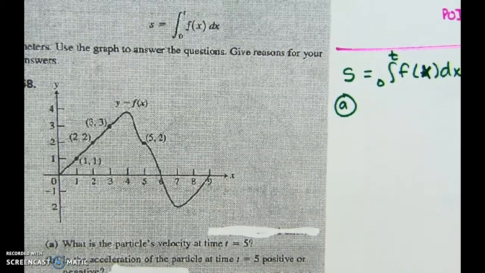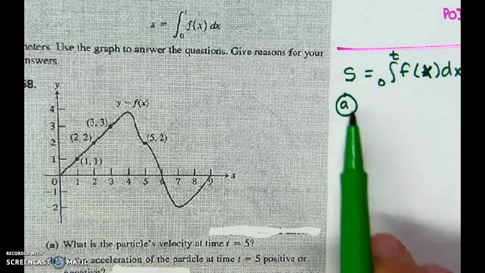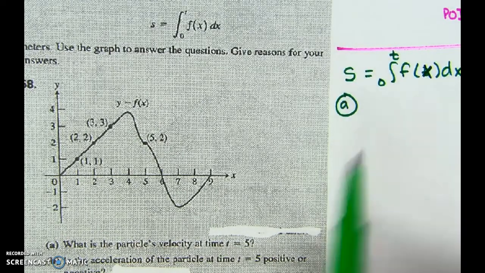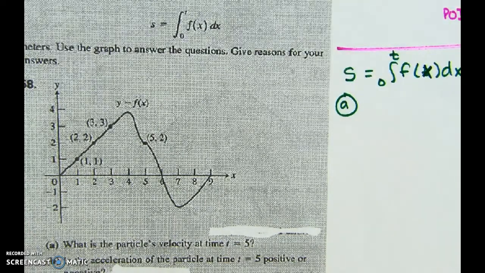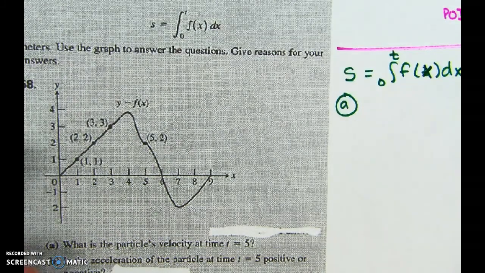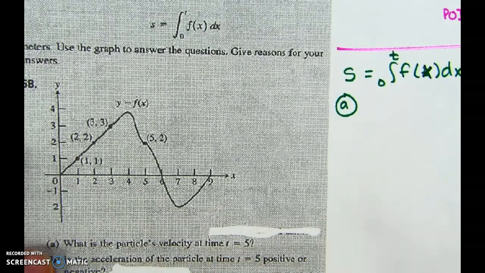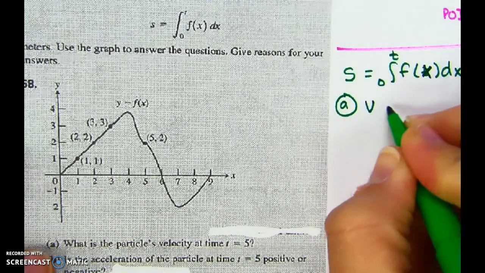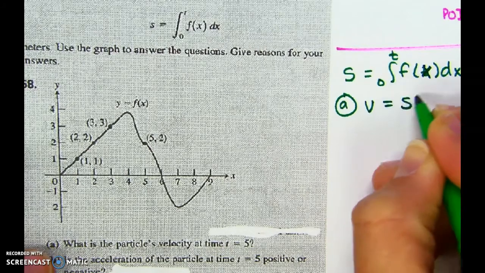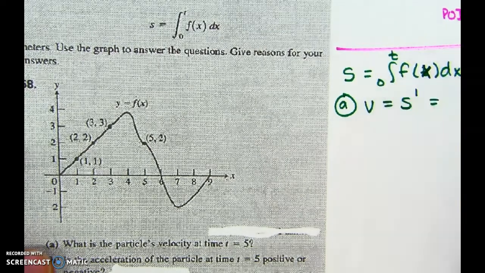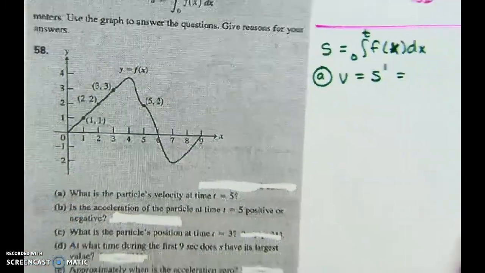Okay, so this S stands for position, right? So if we want to find velocity, we need to take the derivative of S. What is the velocity at time 5? So velocity equals the derivative of S. So we have to take the derivative of this integral, and that is what we learned yesterday.